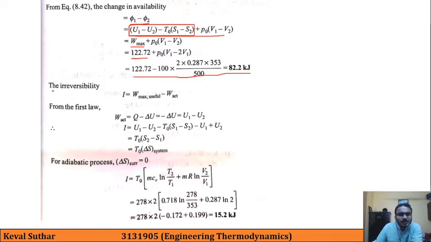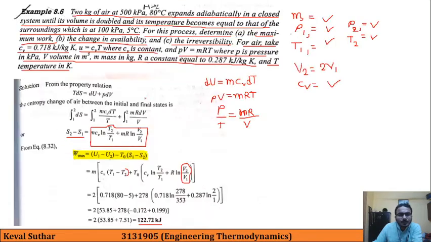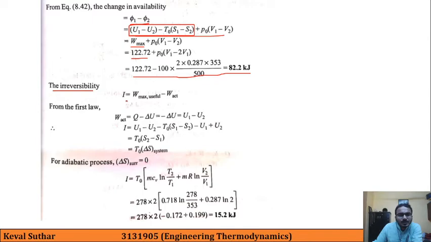Now the irreversibility over here is given by W max useful minus W actual. Now we have already obtained this value of W max, but we don't know about W actual.